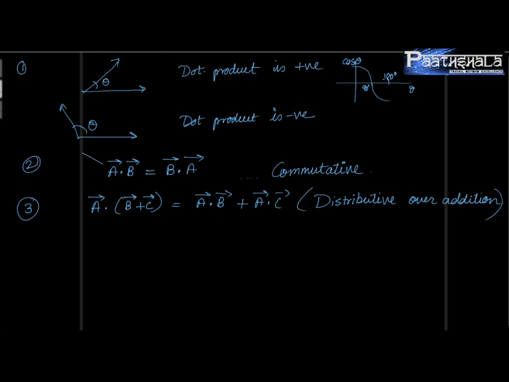The next property is called the associativity of the dot product, meaning the dot product is associative over multiplication.